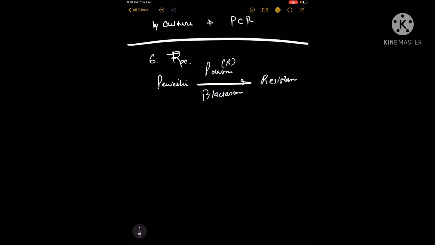So we give that person methicillin. But these clever bacteria made the mecA gene and caused methicillin resistant Staphylococcus aureus.